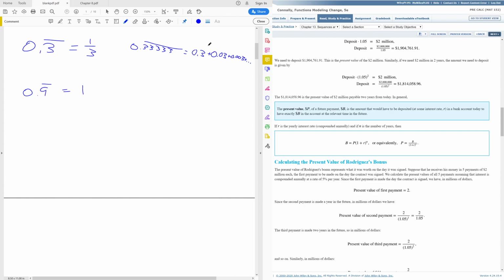So how do we express this as a function, as a sum? So using sigma notation, it's an infinite sum, and my first term is 0.3. And what's my ratio? What am I multiplying on this side here between each term? I'm multiplying by 1/10 or 0.1, however you want to look at that.